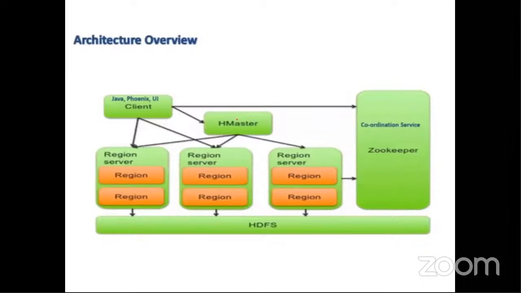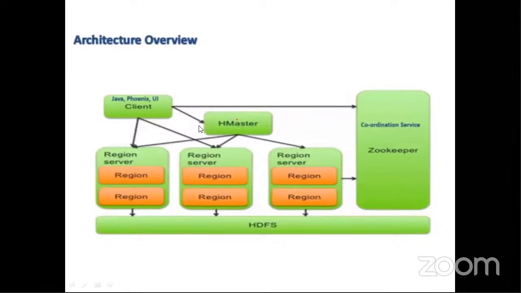This is not that important, but I kept it so you know. There will be only one HMaster and you will have the region servers. HMaster is almost similar to the name node, and region servers are almost similar to the data nodes.